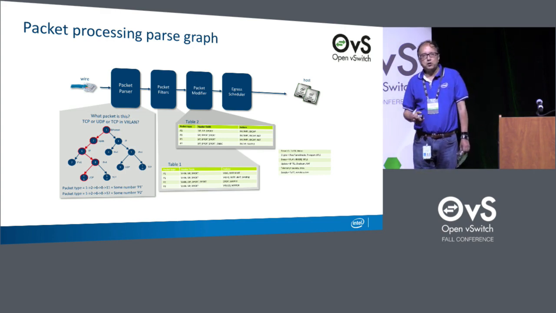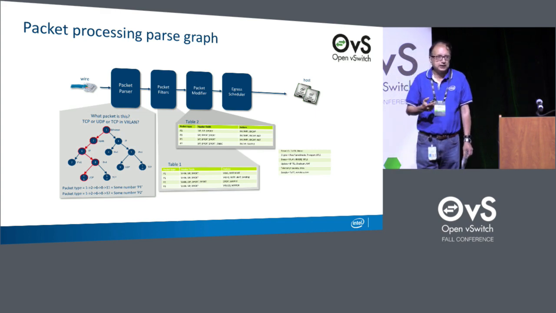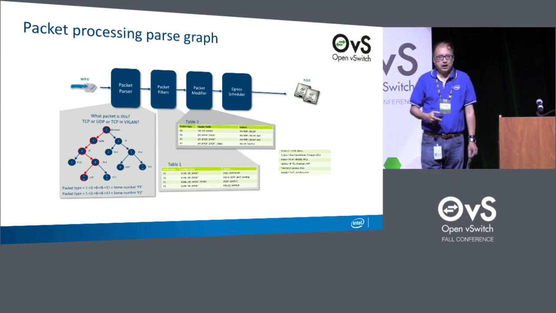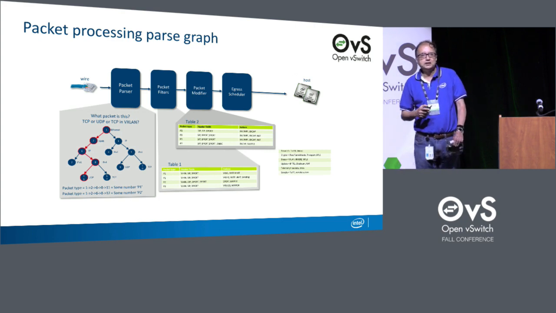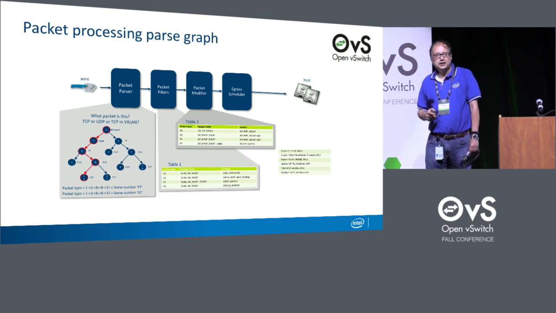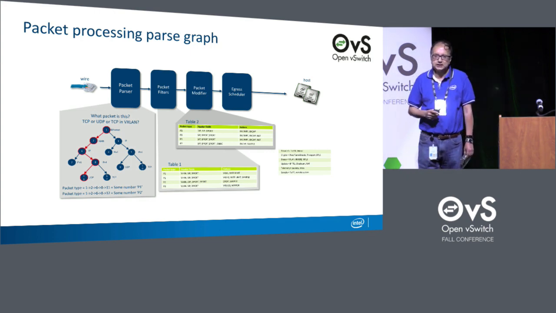In case of network packet parsing, usually that start state is Ethernet, and then from Ethernet, by looking at the ether type field, we conclude whether we are going to transition next to an IPv4 state or an IPv6 state.